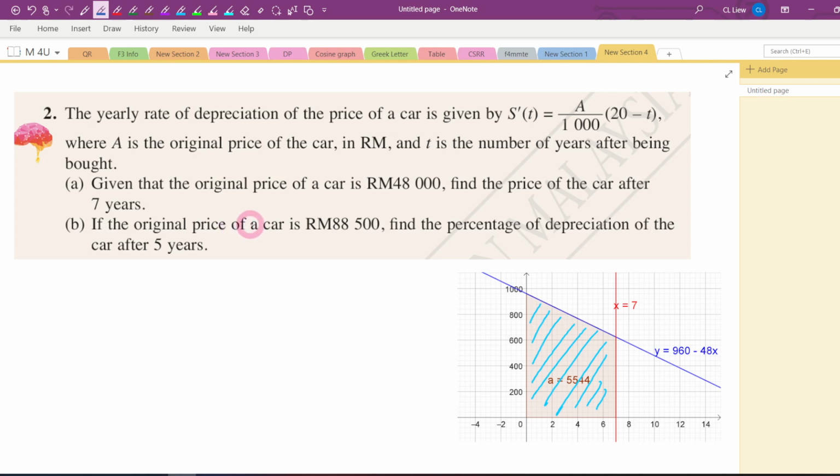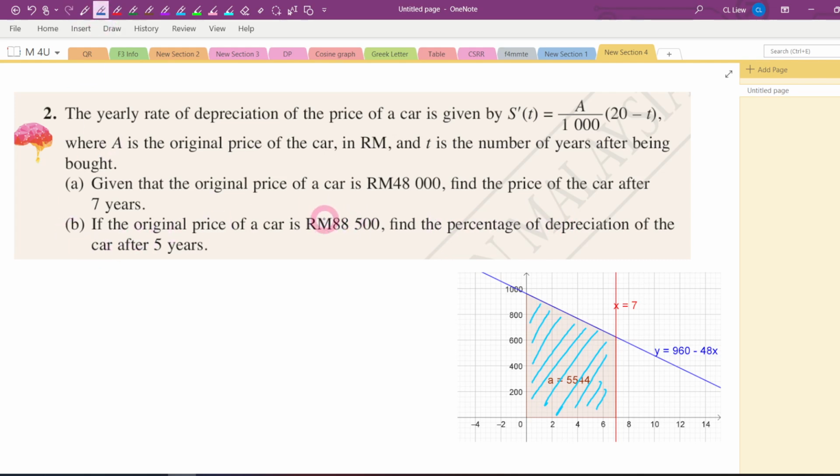Now let's go to part B. If the original price of the car is this, 88,500, it means that A is equal to this. We want to find the percentage of depreciation of the car after 5 years. So first we need to find the total amount reduced, and then divide by this, times 100%. Then you will be able to get the percentage of depreciation. Okay.